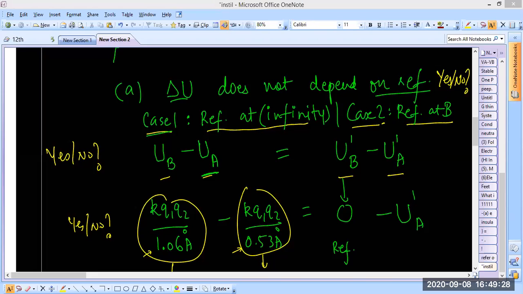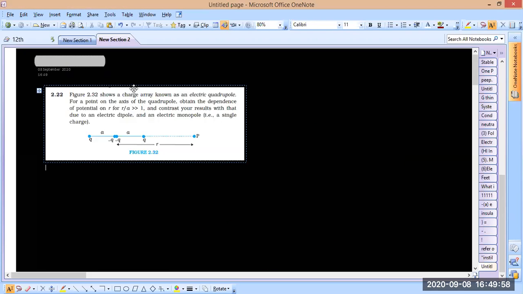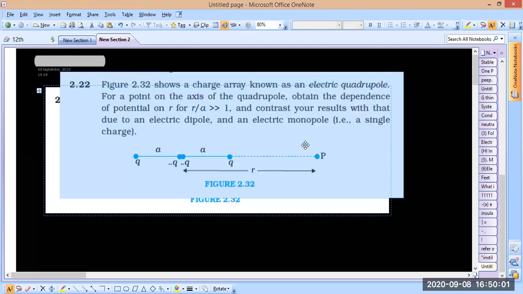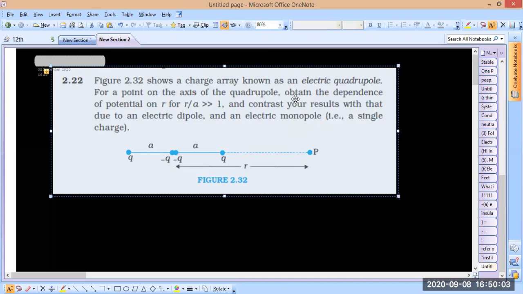Those who have completed it, if you want, you can save this time, 10 minutes or so, and try question number 20. We will not solve question 20 today. We will do it tomorrow. Okay, so 22 now. Those who don't want to see 22, you may leave, no problem. The class is over.